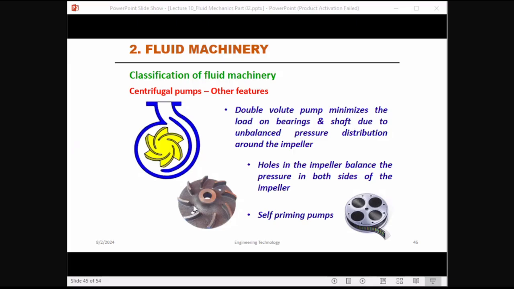This also reduces damage to the bearing. According to these holes, we can reduce the damage of the bearing and also vibrations, because we cannot see uneven pressure inside the pump.